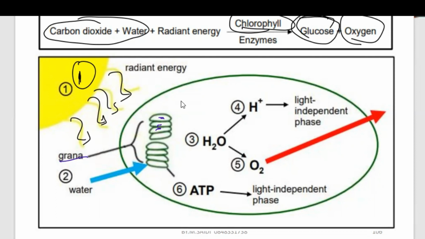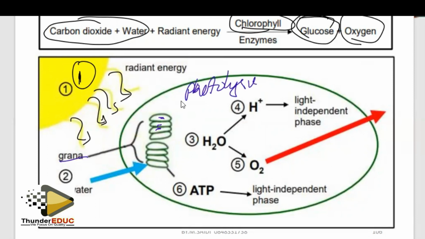The plant will absorb water from the soil. And then this light will help to carry out a process called photolysis. Lysis means splitting, and photo means light.